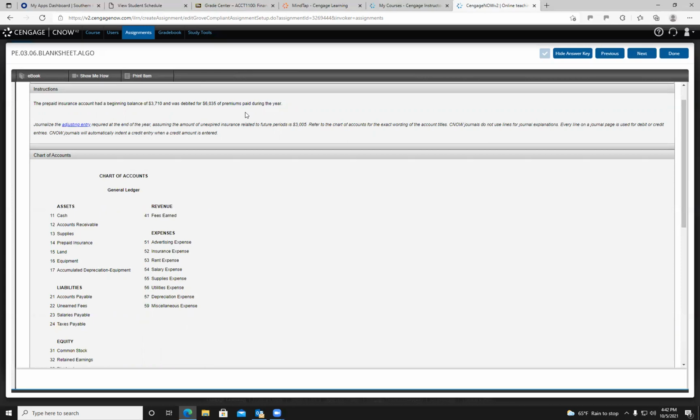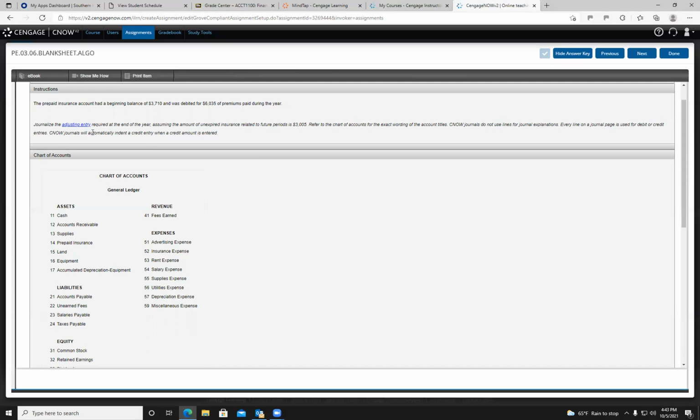Now, it says to journalize the adjusting entry required at the end of the year, assuming the amount of unexpired insurance related to future periods is $3,005. What they're saying here is you started out with $3,710. You had additional premiums paid equaling $6,035, but your ending balance at the end of the year was $3,005.